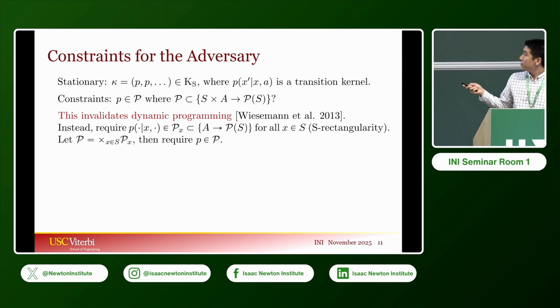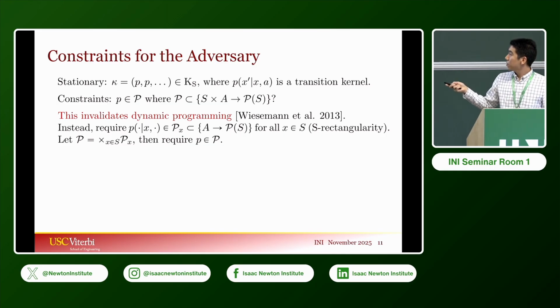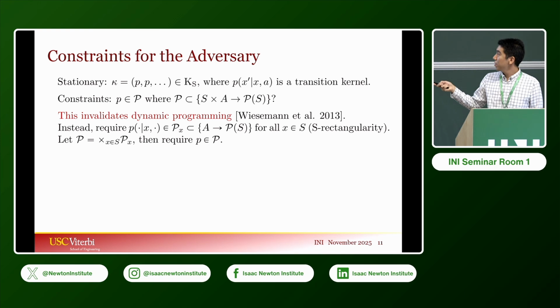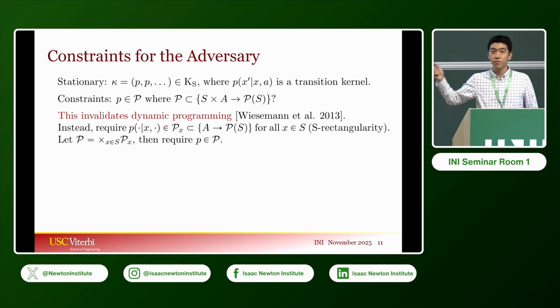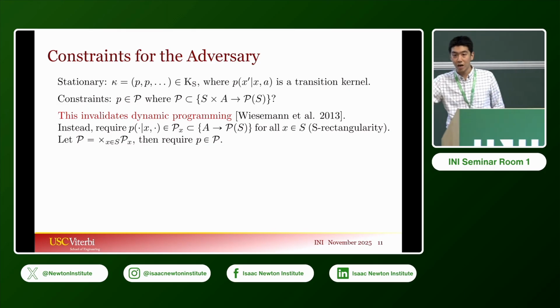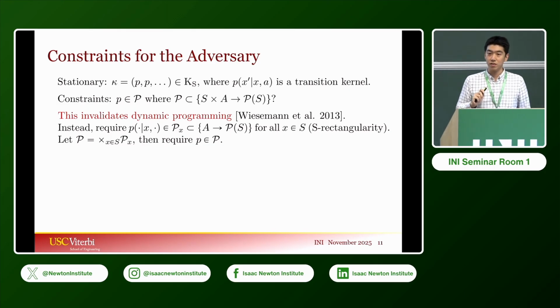And equivalently, this condition can be thought of as letting this calligraphic P, the subset of kernels, be a Cartesian product of these marginal ambiguity sets P sub x. And then we require the adversary to choose from this product ambiguity set. So this is called S-rectangularity, and it's very related to the current action unawareness that Jose was talking about yesterday.